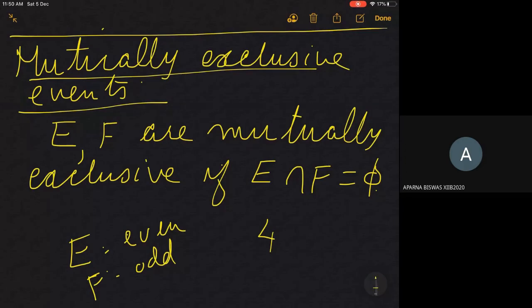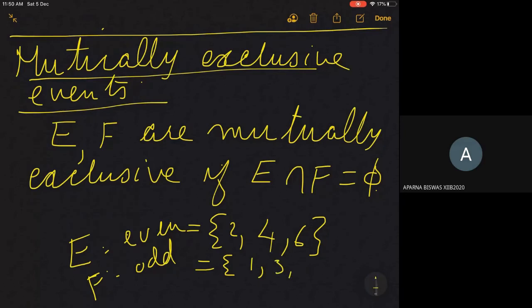Similarly, the happening of F excludes the happening of E because E has only the elements 2, 4, 6 and F has the elements 1, 3, 5. In the set theory notion, there are no common elements. So that is the concept of two mutually exclusive events, that is E intersection F is equal to phi.